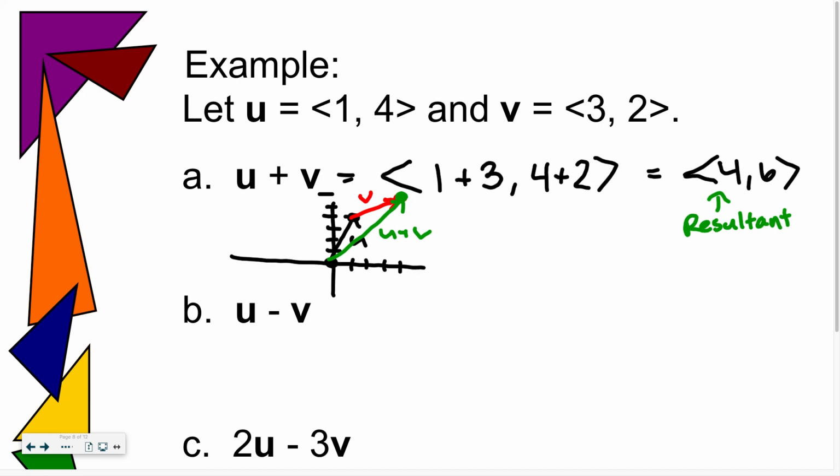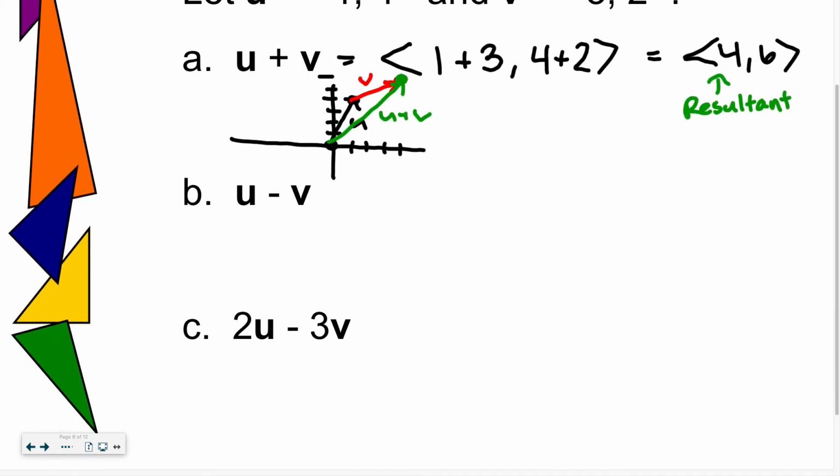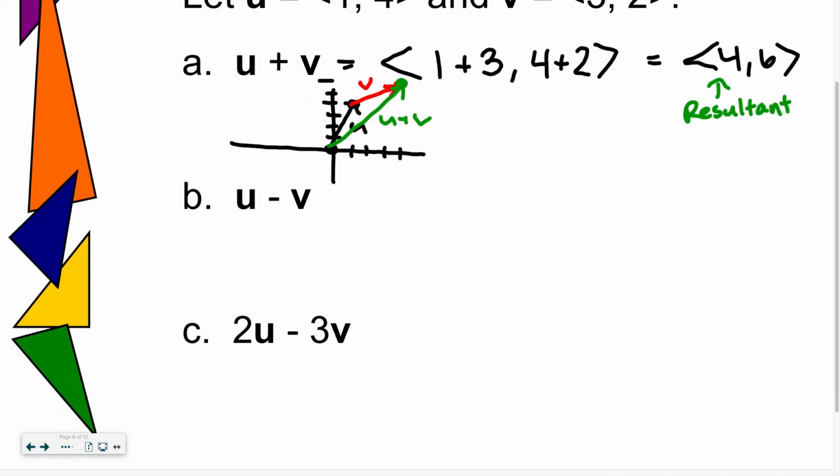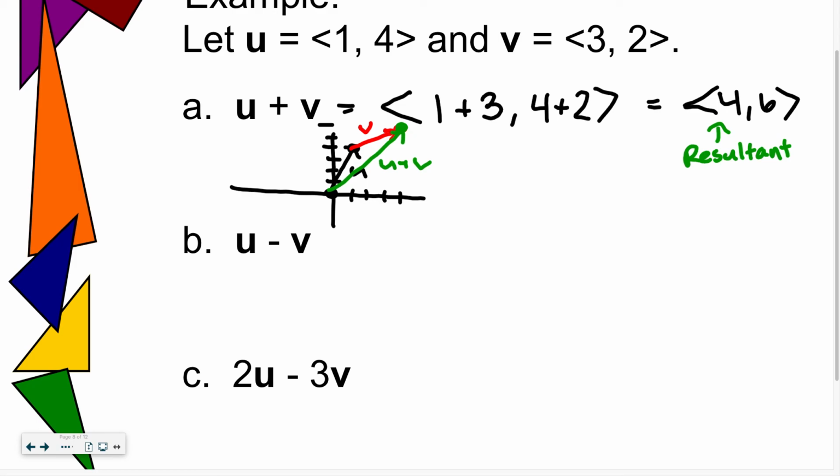It's that new vector from the origin to your last terminal point. Okay, can you try B and C if you haven't already? See if you can do u minus v and 2u minus 3v for me.